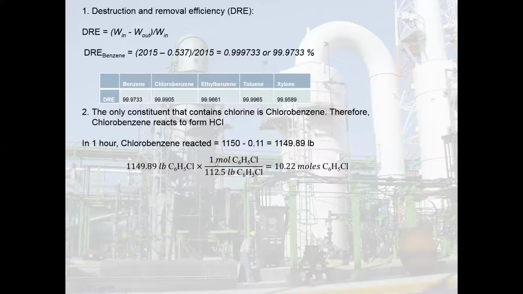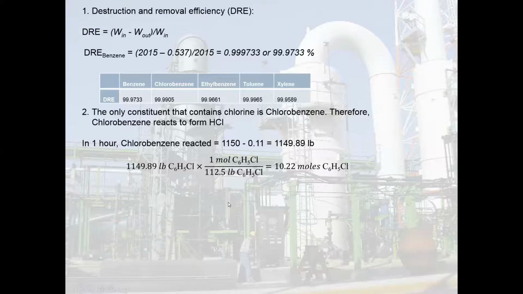And so what we find is that 10.22 moles of chlorobenzene has reacted. I've just taken the molecular formula for chlorobenzene and found the mass, and then I've made the conversion.